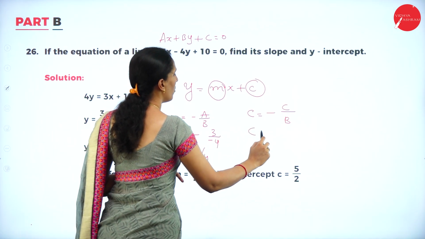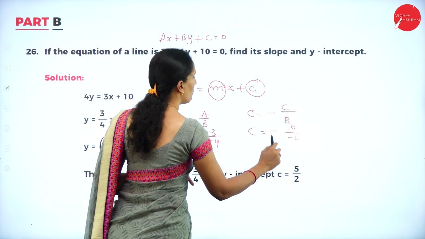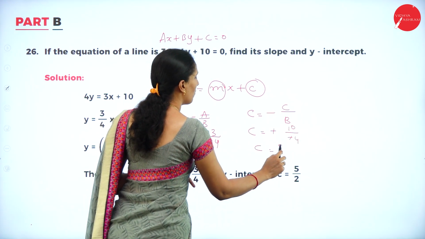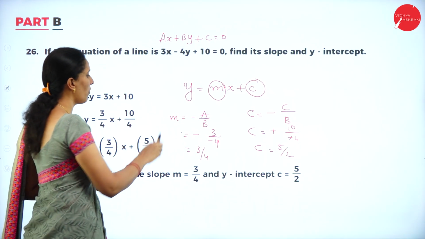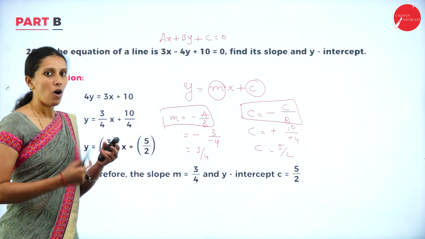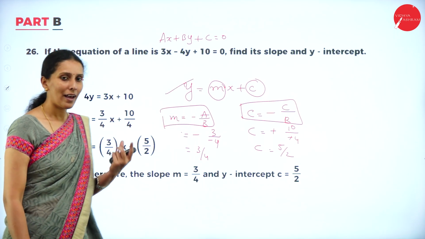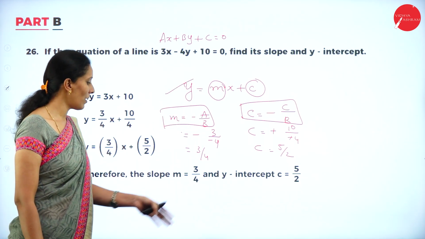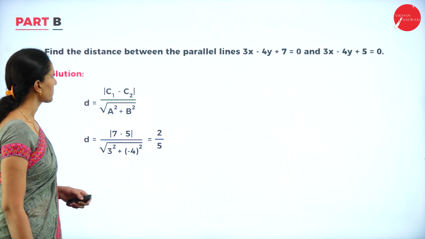And to find the y-intercept, c is 10 and b is minus 4. So we can write c is equal to 5 by 2. So this is another shortcut method you can use. Just use the formula for slope, and to find the y-intercept, or you express this in the form of y is equal to mx plus c and directly write the slope is 3 by 4, y-intercept is 5 by 2. Next one.